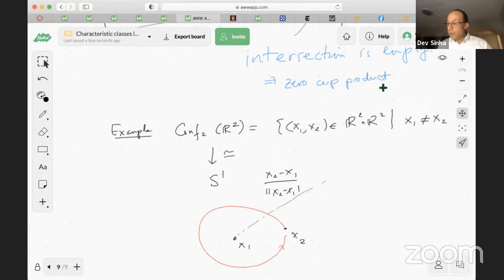So we'll define B12 to be when x2 orbits x1, and alpha 12 is when x2 is in a fixed direction.